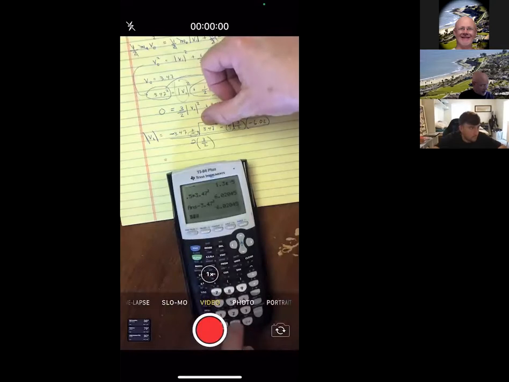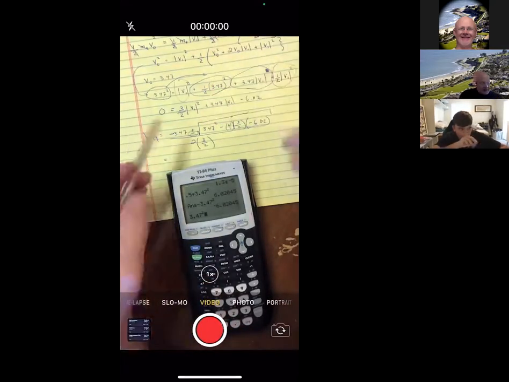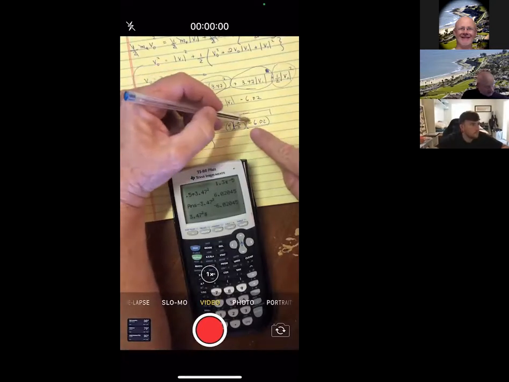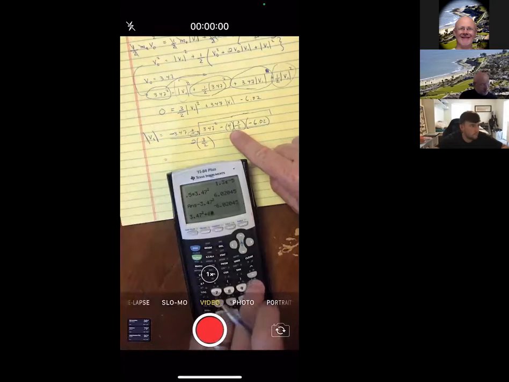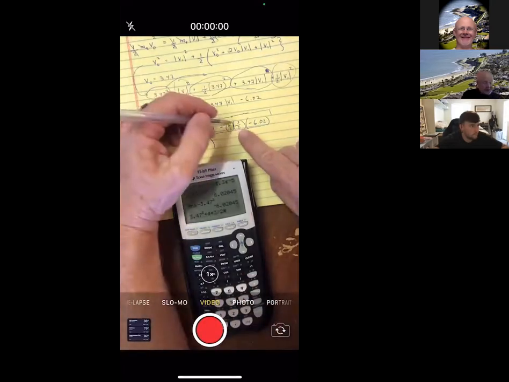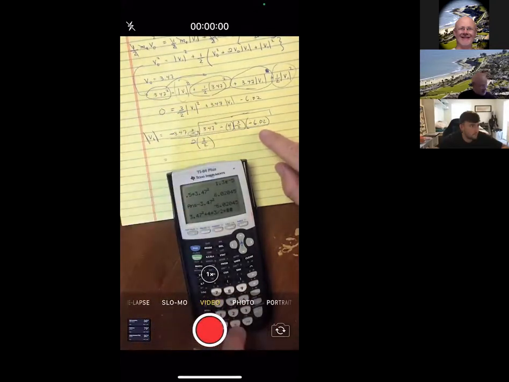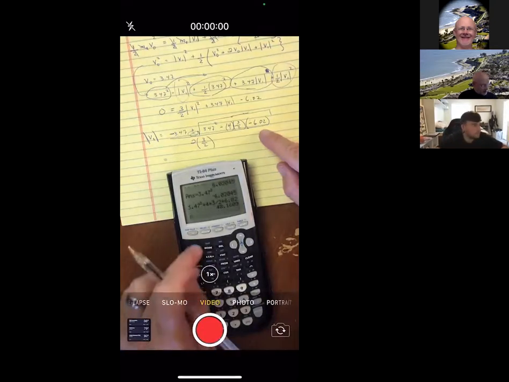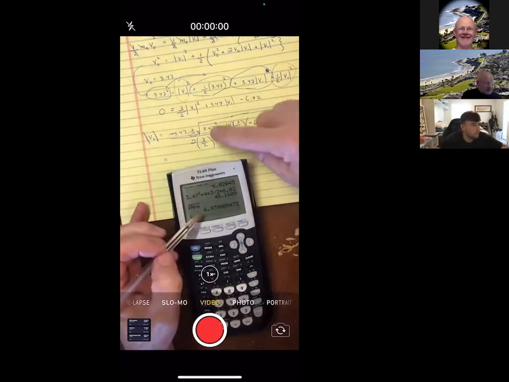So 3.47 squared, and this minus makes a plus, 4 times 3/2 times 6.02. And then I'll take the square root of all of that. So all of this is about a 6.9.